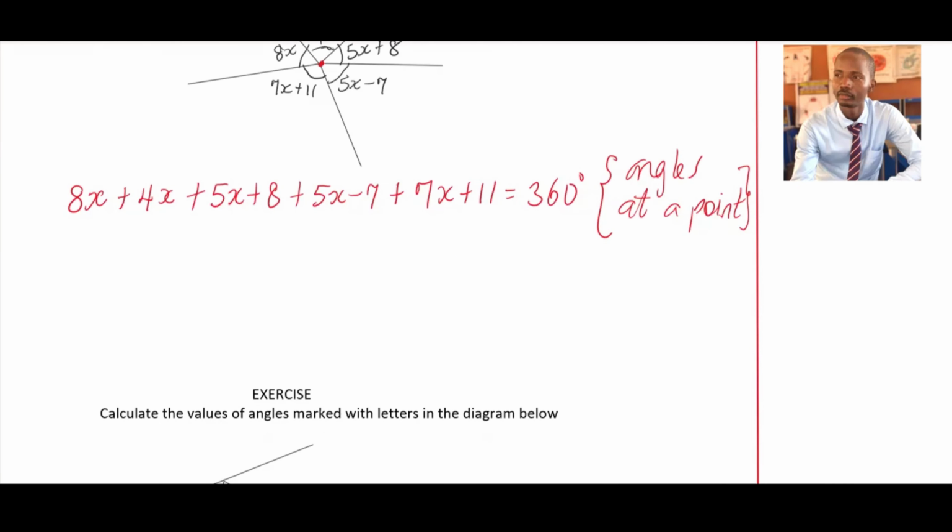Okay, so let's add up the like terms. 8x plus 4x is 12x. 12x plus 5x is 17x. 17x plus 5x is 22x. Now 22x plus 7x is 29x.